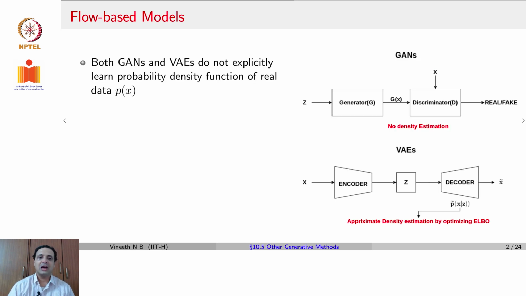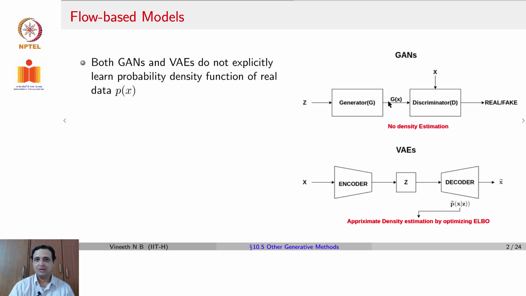These models are generally known broadly as flow-based models. How do they differ from GANs and VAEs? There's a very important difference between them and GANs and VAEs. Both GANs and VAEs do not explicitly learn the probability density function of the real data.